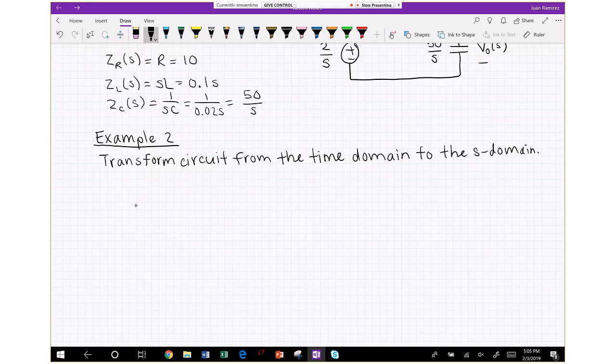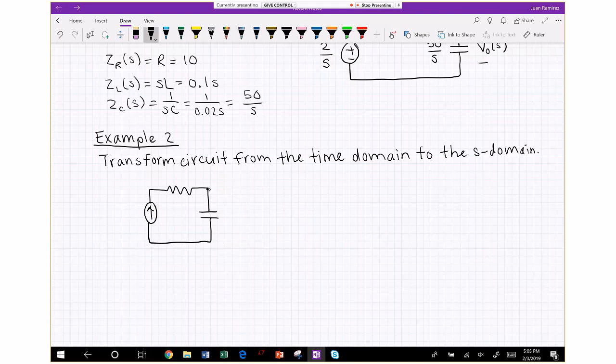So now we have a current source. You have 2 resistors this time, and then 1 capacitor and 1 inductor.